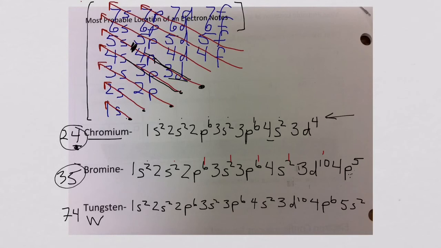5s2, and now we're back down to the bottom of this line. And then we go 4d, and how many will it hold? 10, 4d10. And then after that we go to 5p, how many can it hold? 6, right? And then 6s2. Okay, so now we're at the top of here.